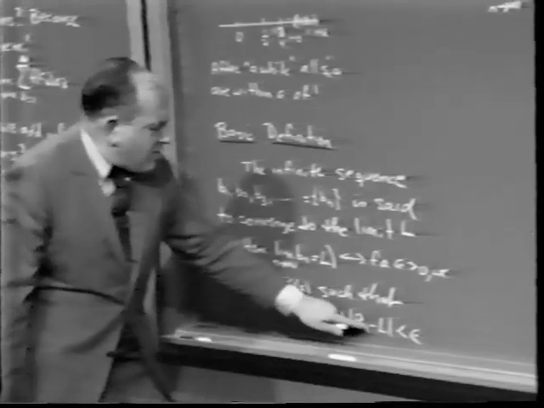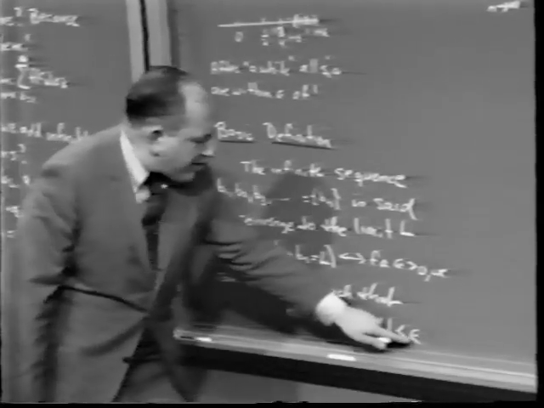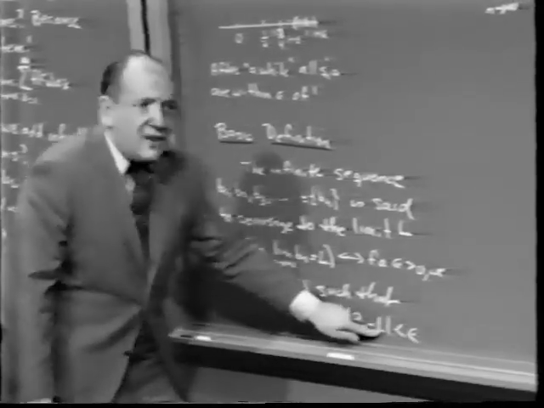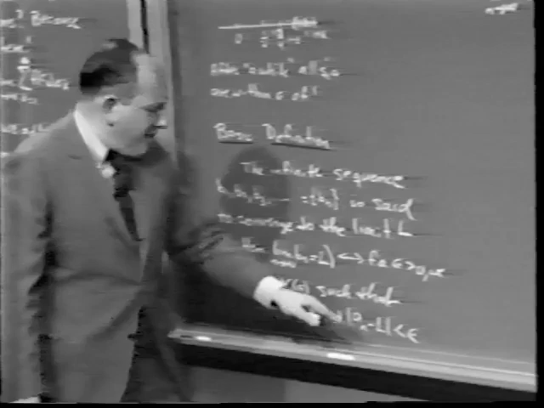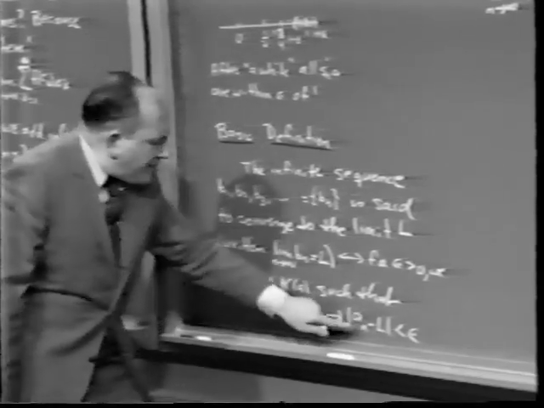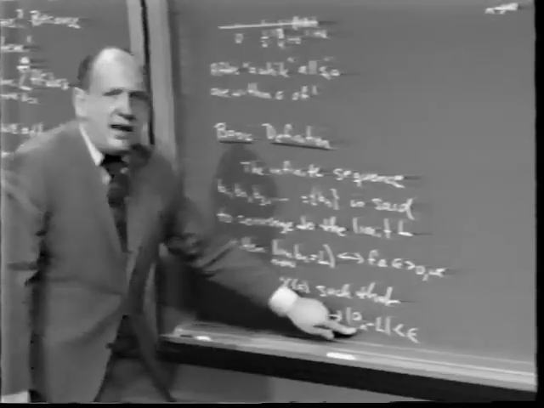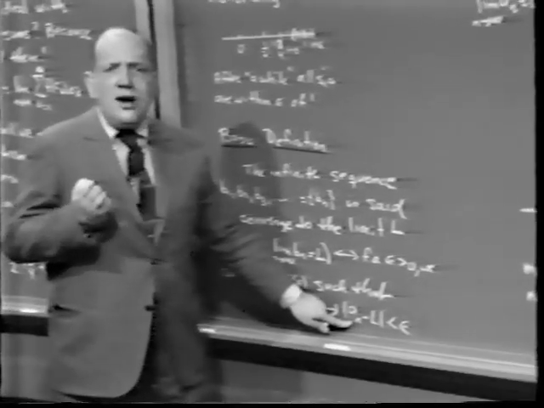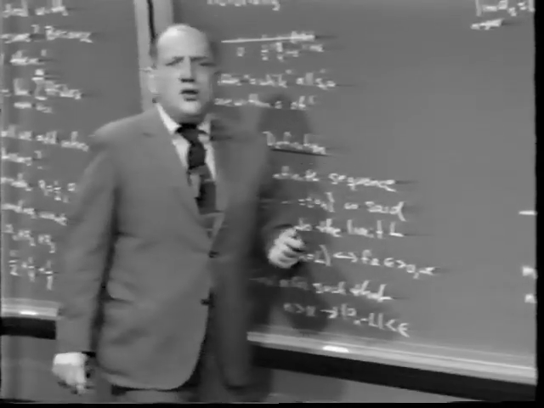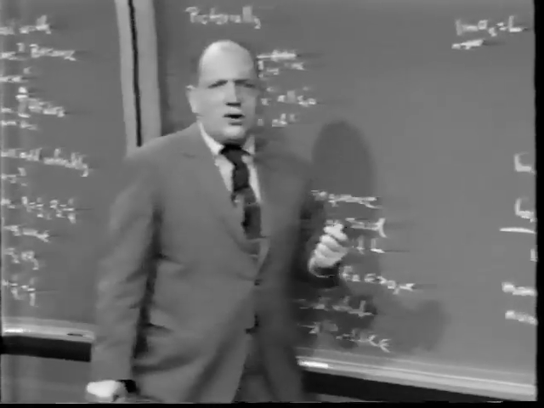The absolute value of a sub n minus L is less than epsilon means that a sub n is within epsilon of L. That's what we used in our diagram, but I forgot to mention this, and I want you to see that the key building block analytically is the absolute value, and the meaning of absolute value is the same here as it was in blocks 1 and 2 of our course.